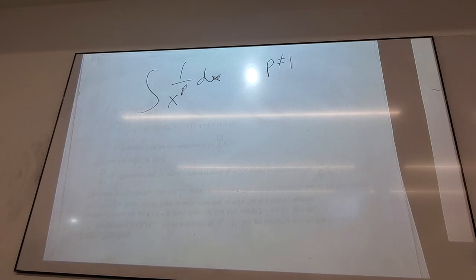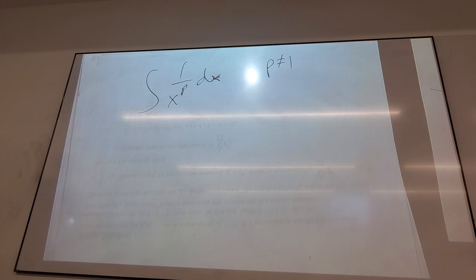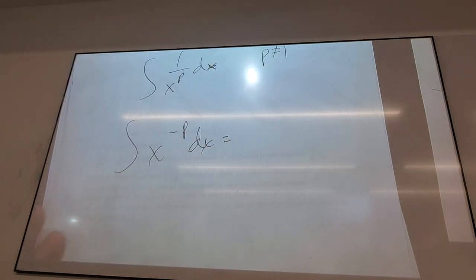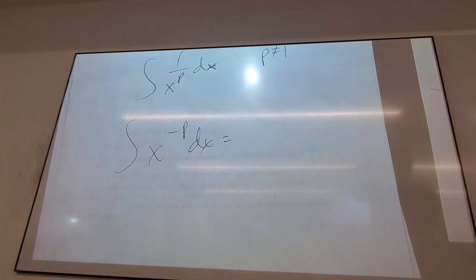Does anyone have a clue how to integrate this thing? How do I rewrite the inside to make it easier to do an integral rule? X to the negative p? Yeah. Now just apply the rule. P is a constant.